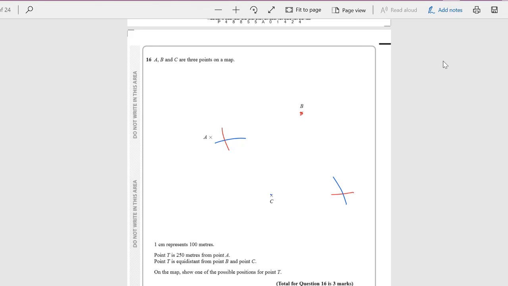And we know that point T is 250 meters from point A, so 250 meters is 2.5 centimeters.